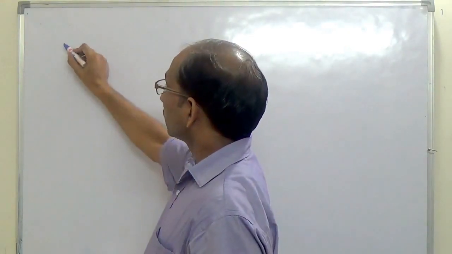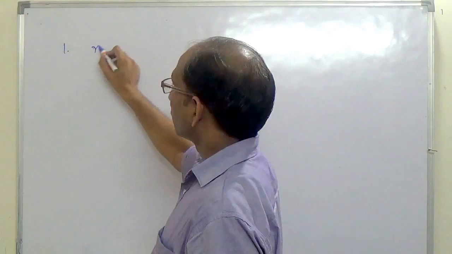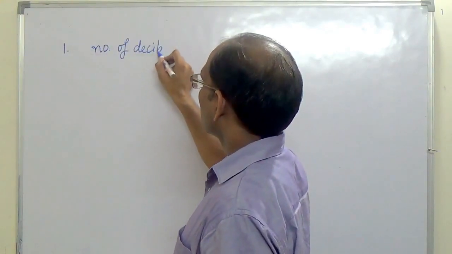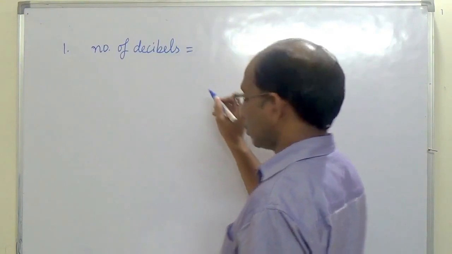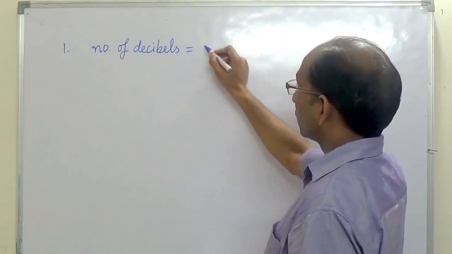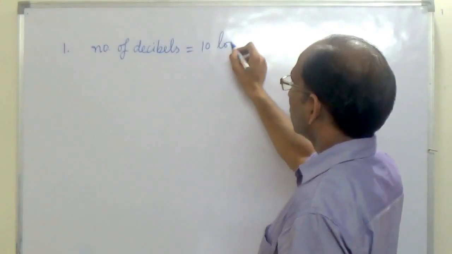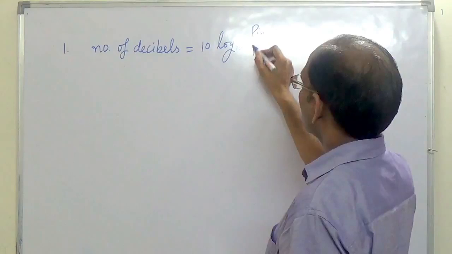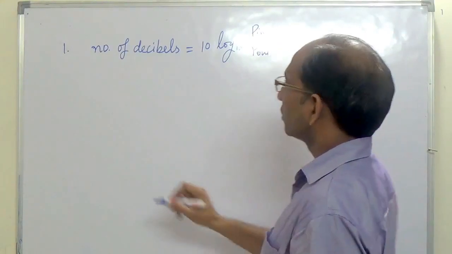Number 1 is number of decibels equal to 10 log base 10 of P input and P output.